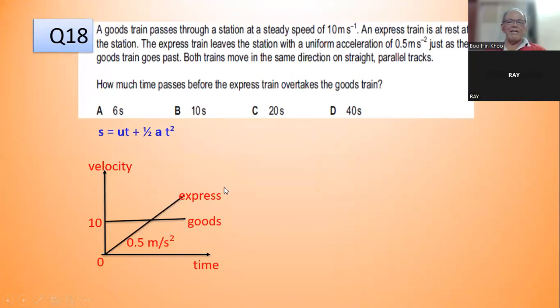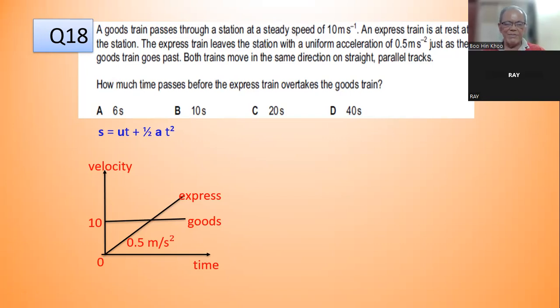Usually it's better to draw a graph. Sketch a graph so that you can understand what is happening. A goods train passes through a station at a steady speed of 10 meters per second. The express train is at rest at the station.